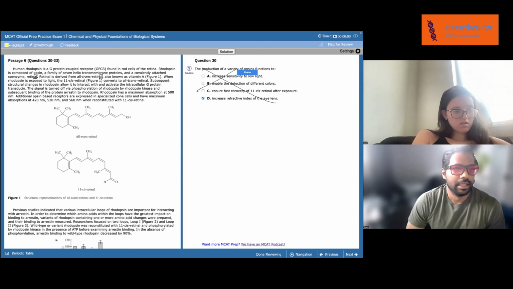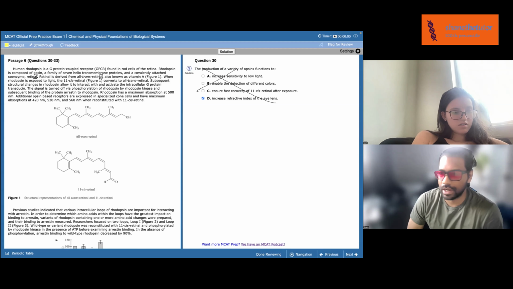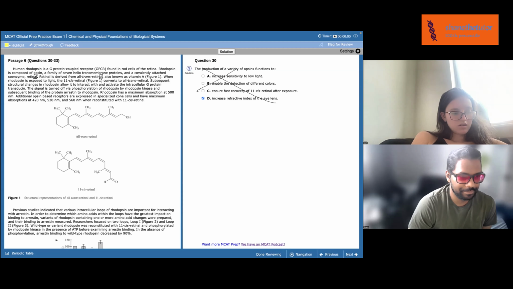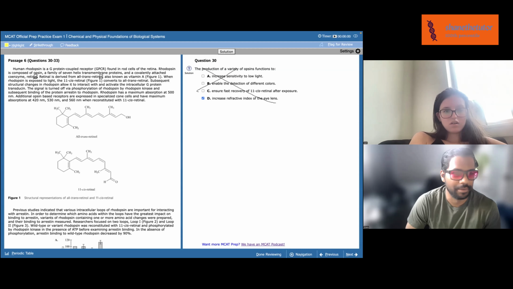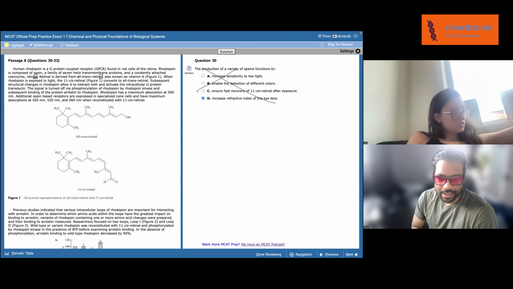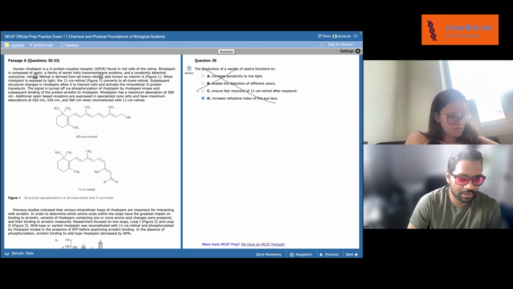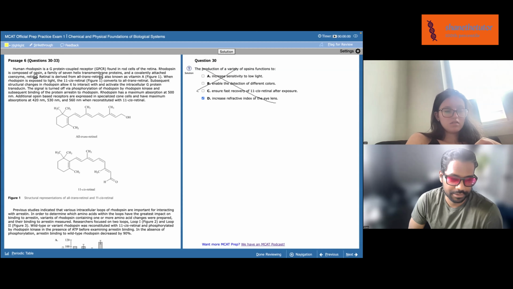So we're being told that retinal aldehyde form is from retinol alcohol form, right? And retinol alcohol form is vitamin A, right? And then they're telling us that when rhodopsin is exposed to light, the 11 cis retinal, figure 1, converts to all trans retinal.